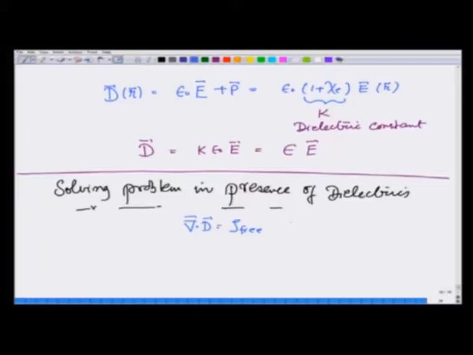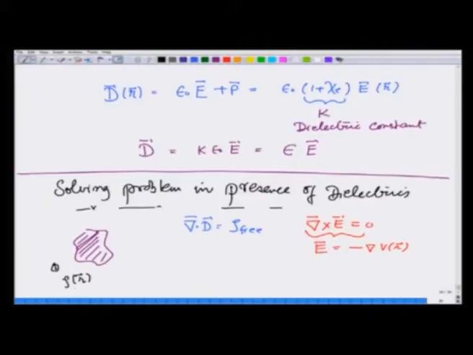The other equation I have is curl of E is 0, and this tells me that I can write E as gradient of a potential. Now, let us look at this dielectric material given somewhere and some charge distribution rho r.